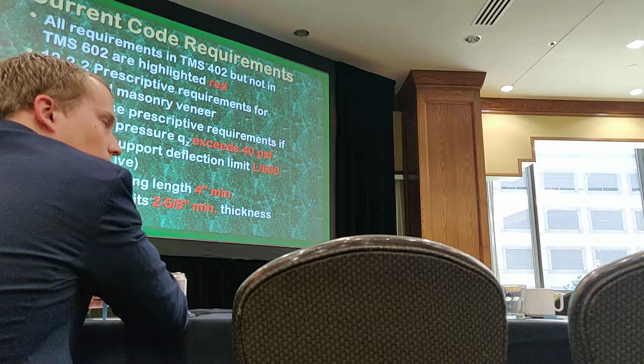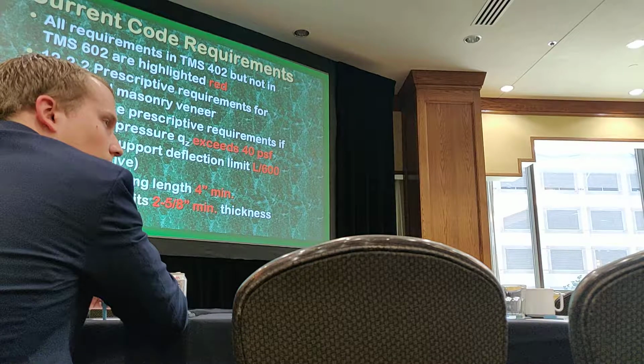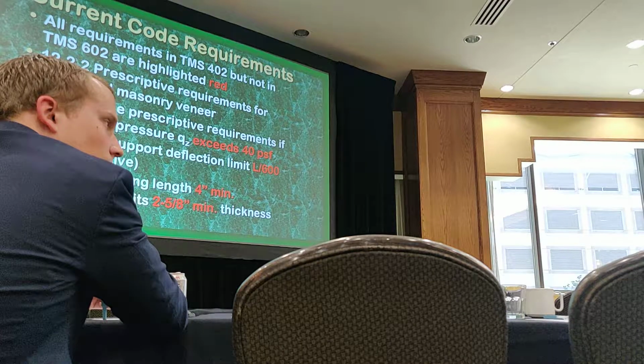The horizontal limit, I'm not sure there is a specified limit in the prescriptive requirements. The TMS doesn't have one. Yeah, that's what I was trying to verify. One I could find was Brick Institute of America had one that was for height over 600. No, that's not currently in 402. That must be, like you said, BIA also has a lot of tech notes available, so there are industry standards that supplement.